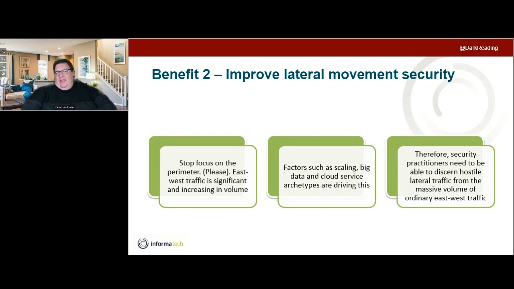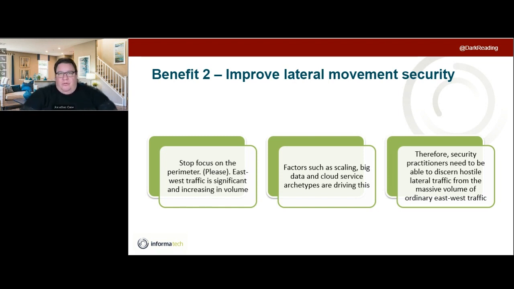Well, it is bad in a way because certainly an attacker will try and laterally move in order to find a way through a layered firewall network to get a juicy asset like a data server, whatever it may be. We can stop focusing on the perimeter. And as I said, we should stop focusing on the perimeter in the cloud. The traditional idea of a network perimeter is long gone.